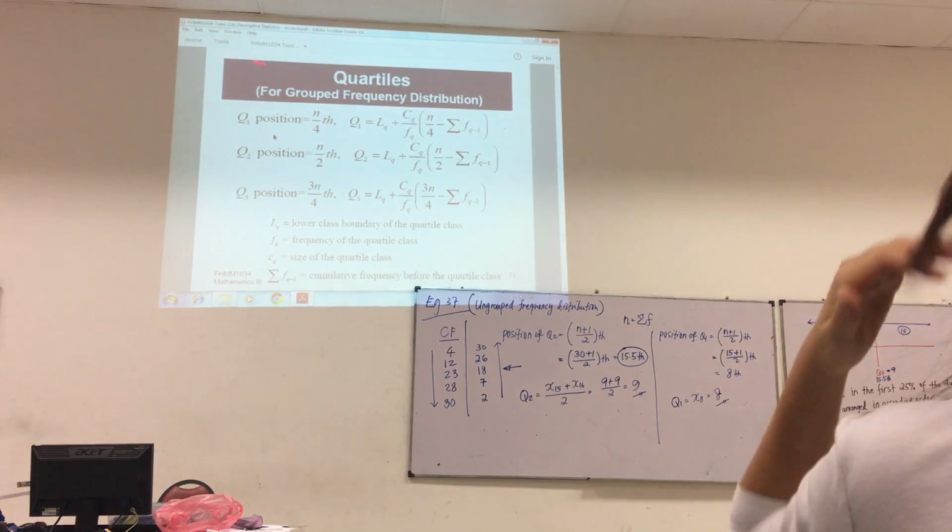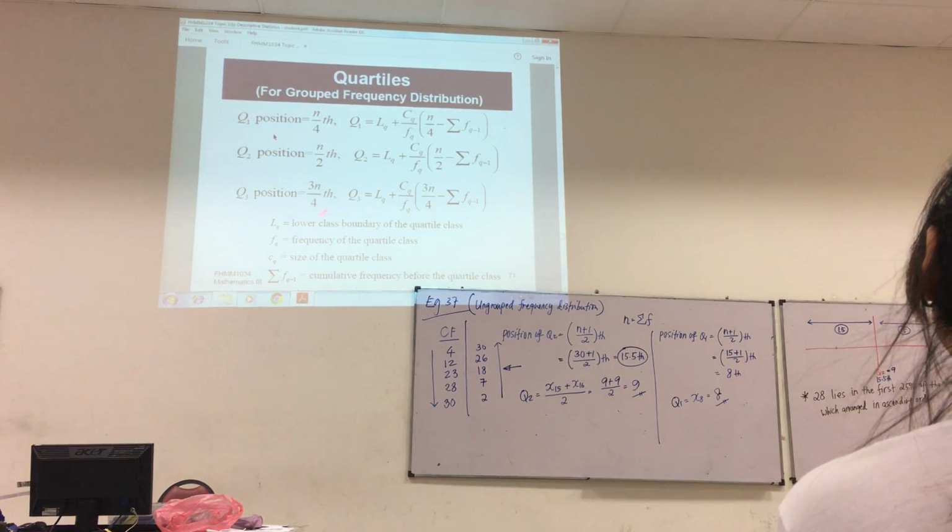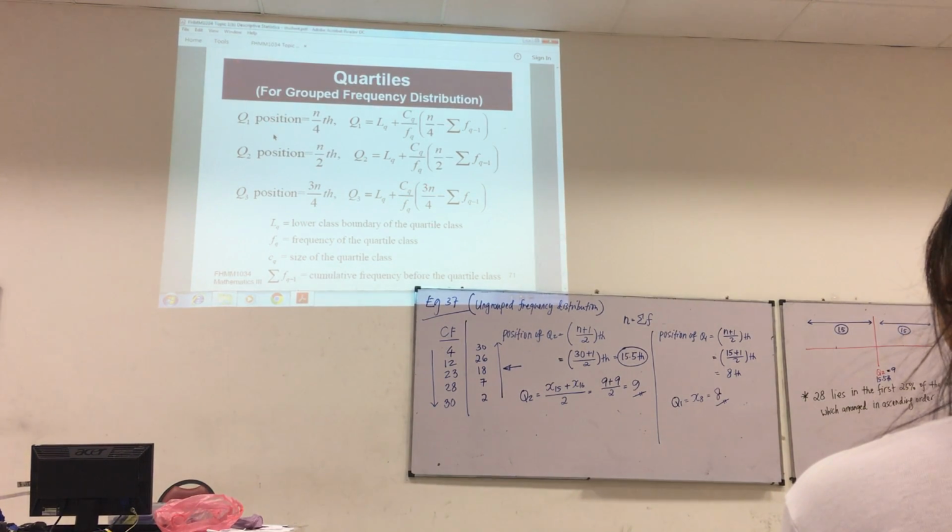After using this information, apply this position into the formula to calculate the value of quartiles. Okay? So let's see what we have here. When you want to find the position of Q1 for group data, it will be n divided by 4. Alright? If you want to find the position of Q2 for group data, it will be n divided by 2 as usual.